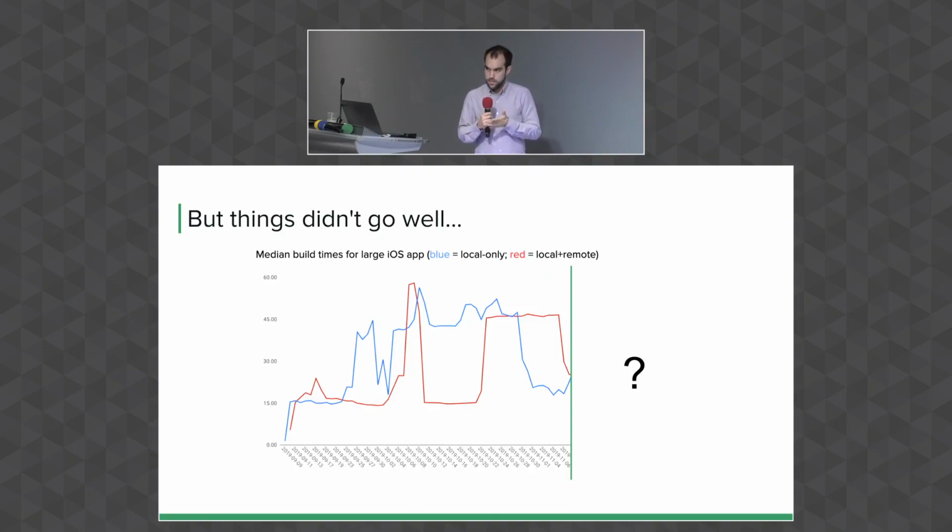Because you are doing the same thing as you're doing locally, plus you have access to remote resources. But as you can see, the line jumps all over the place, and it makes no sense. Not good. Needless to say, we measured this with micro benchmarks, and everything was great. But when we started looking at actual user behavior, we saw that things weren't playing out as we thought. So then we had to go back and see what's happening.